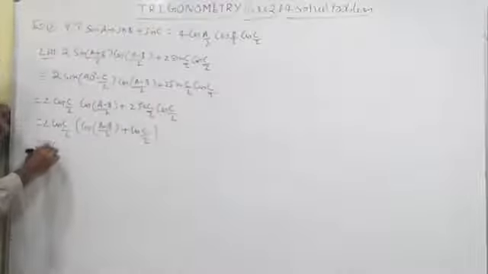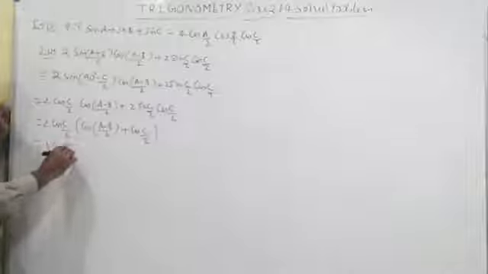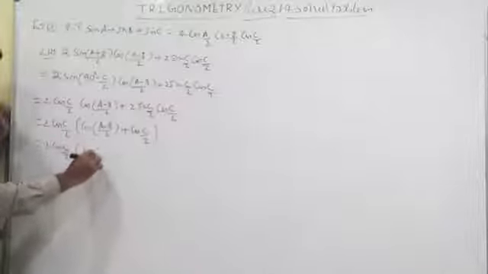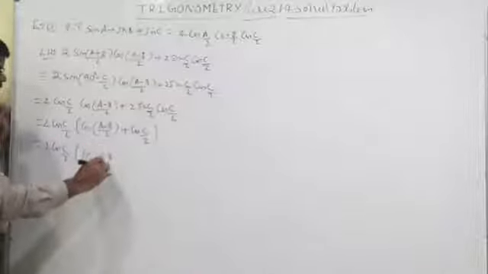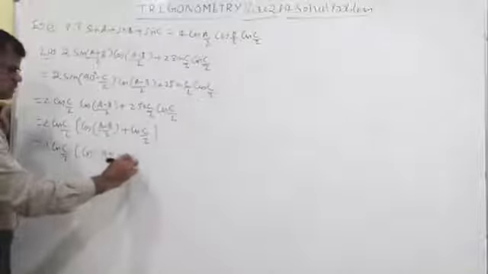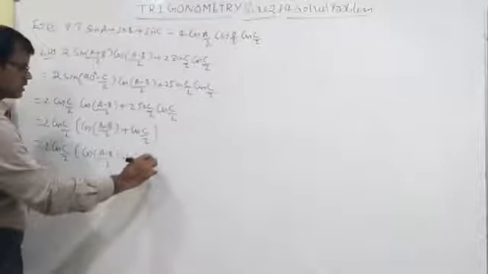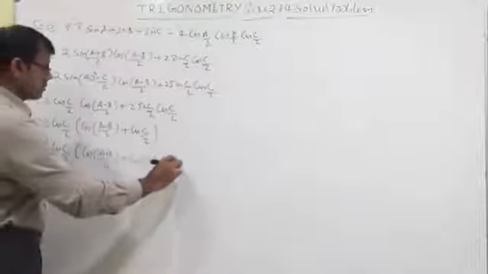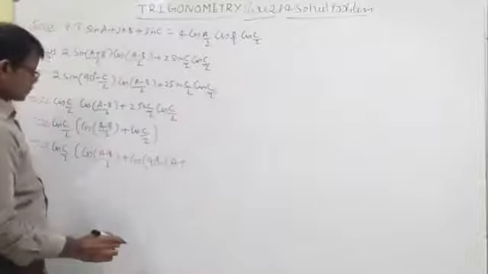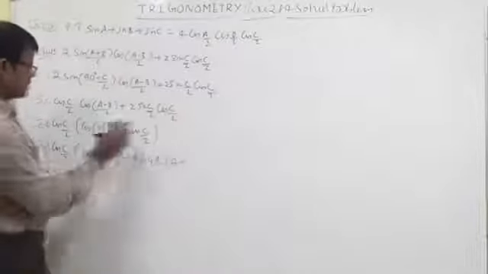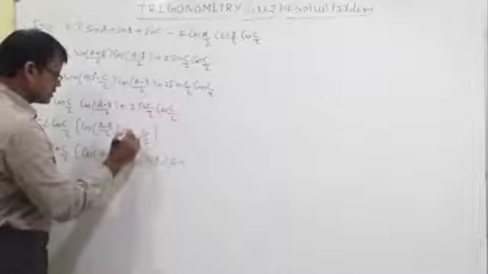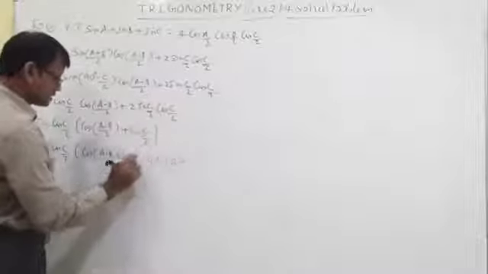That is equal to 2 cos C by 2 into cos of (A minus B) by 2 plus this can be written as cos of 90 minus (A plus B) by 2.